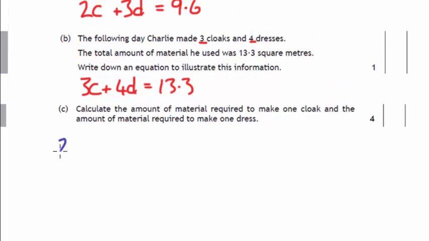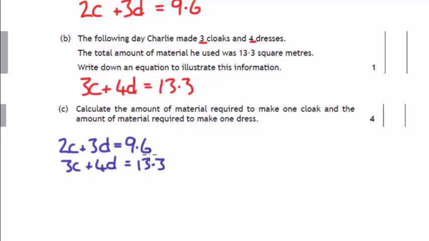So we're going to say 2C plus 3D equals 9.6, and 3C plus 4D equals 13.5. Sorry, 13.3. That's the first equation, and that's your second equation.